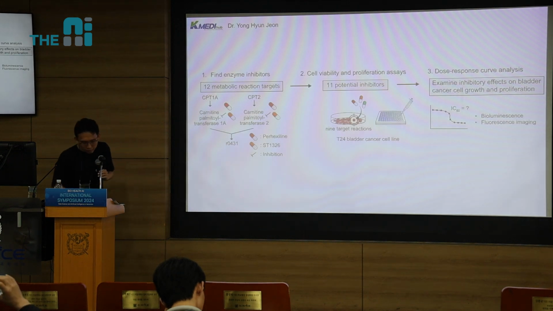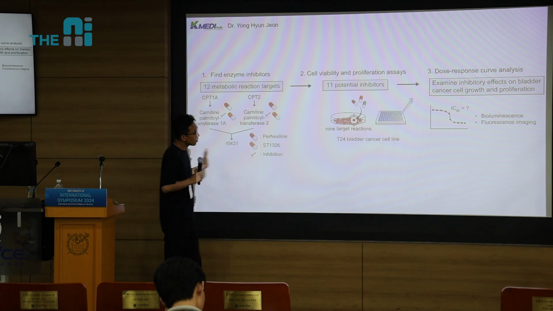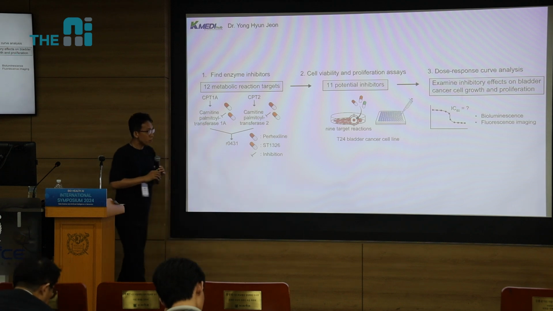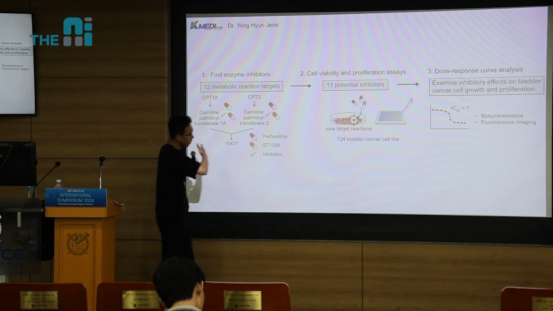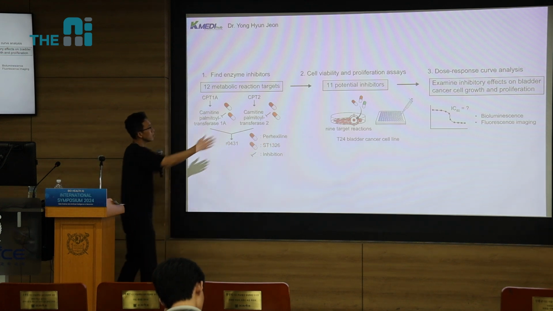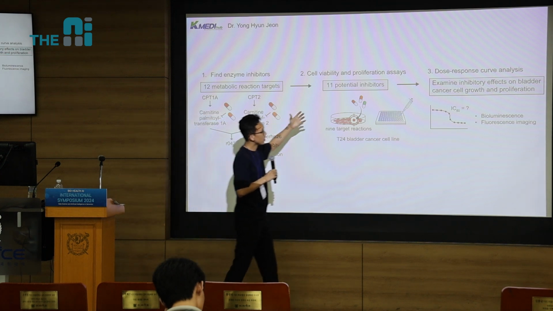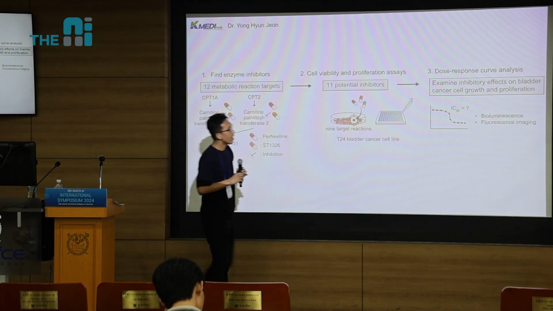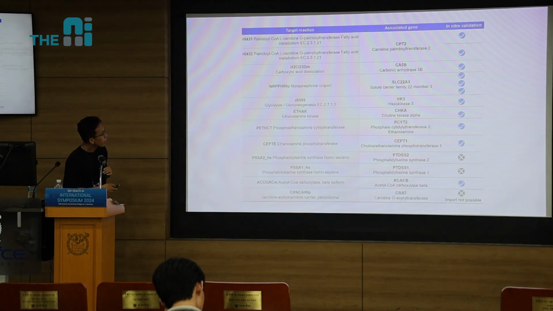Once we have the drug target candidates, of course they have to be validated in vitro and in vivo. So this is, I think, a typical routine validation process. We selected cancer cell lines, we selected potential inhibitors, and made sure that they are effective for the selected cancer targets.